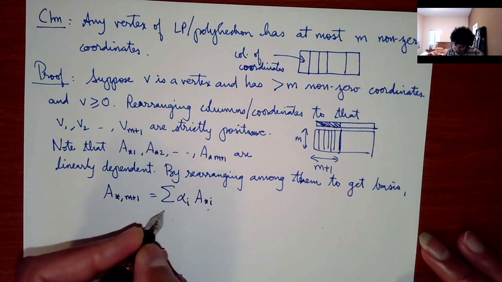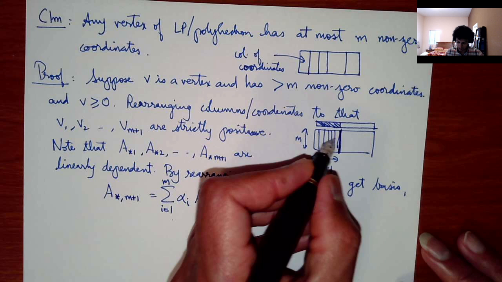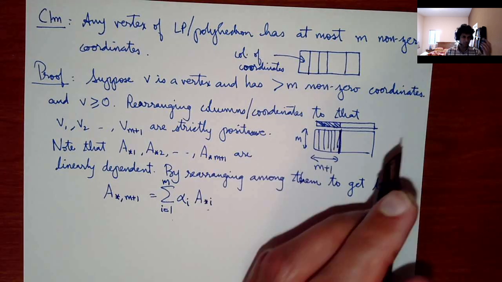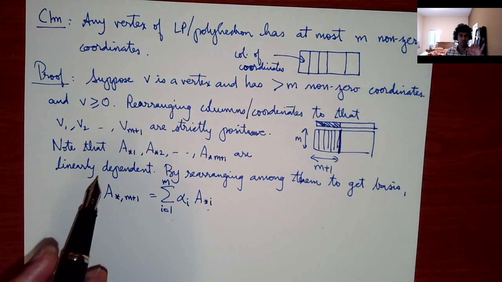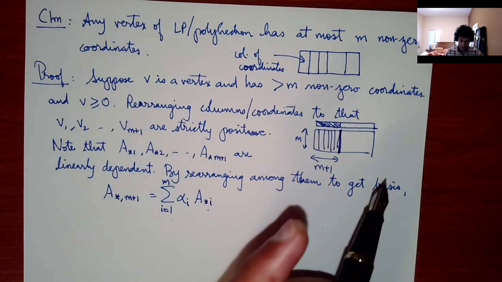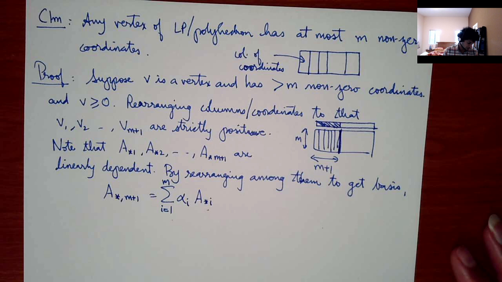I'm saying the last column is a linear combination of the first m columns. I can always rearrange the columns to ensure this happens, because I know there's a linear dependence. If there's a linear dependence, I can just take one of them that's linearly dependent and move it to the end and keep all the other columns. This is just going to keep the indexing somewhat convenient. Okay?